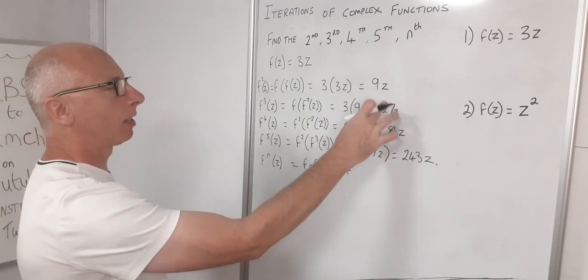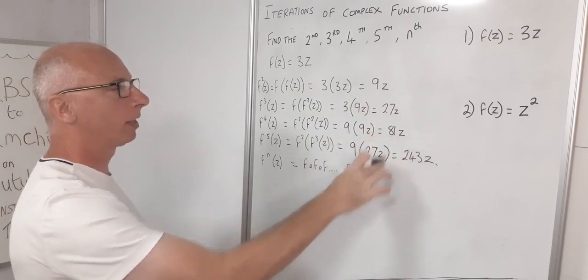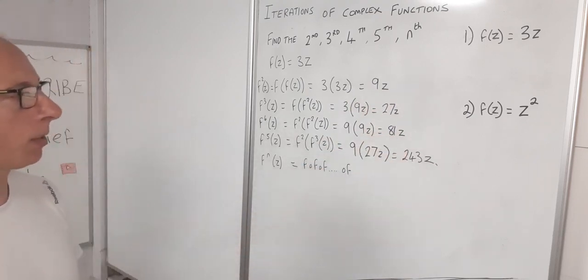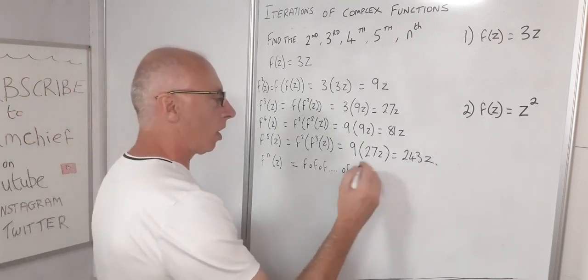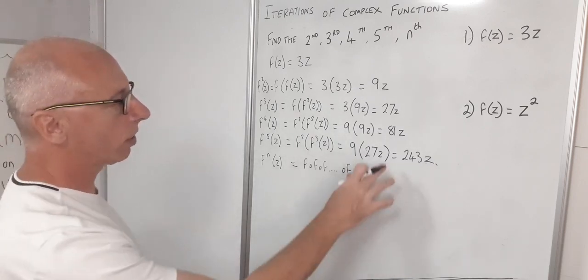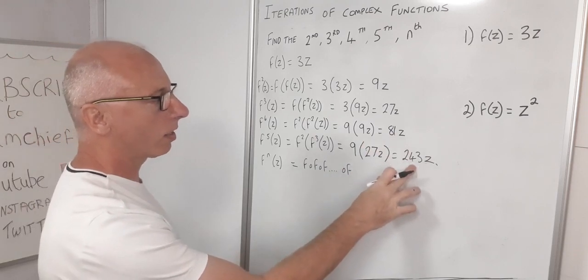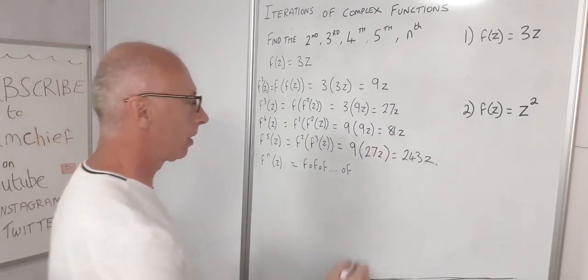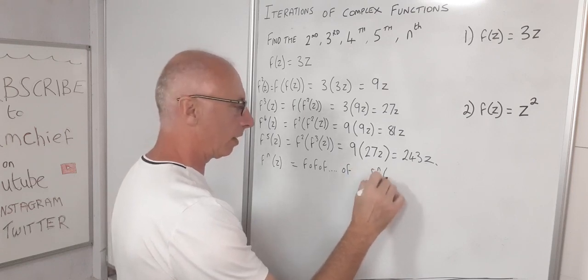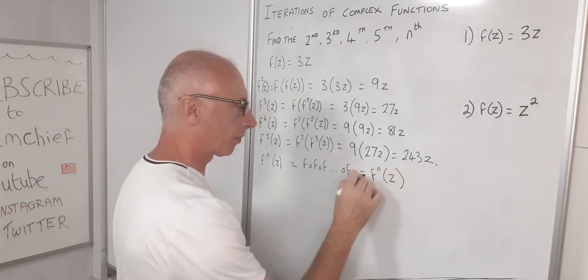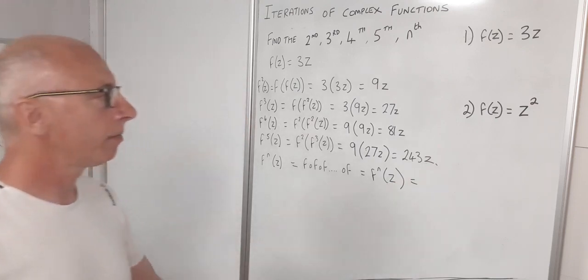So now there's a pattern forming here. We've got 9, 27, 81 and 243. So our nth iteration looks like it's going up by the powers of 3. So therefore our fn of z is the same.